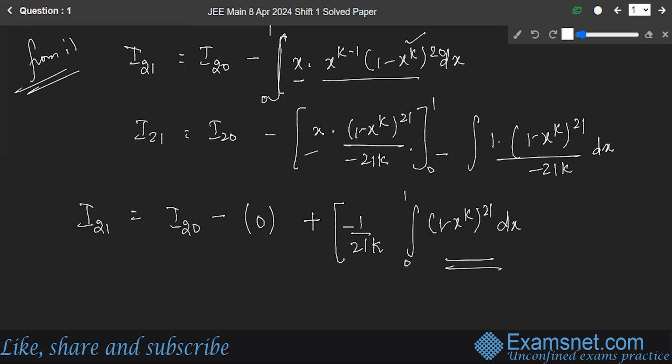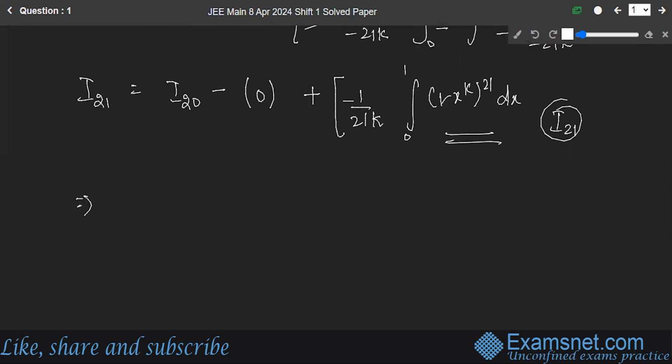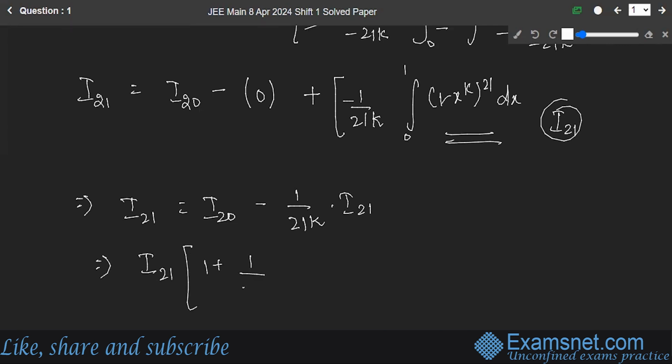This is your I-21 only. So I-21 is equal to I-20 minus this into I-21. So I-21 times (1 plus 21k) is equal to I-20.